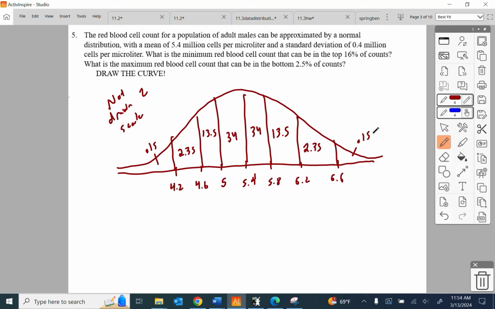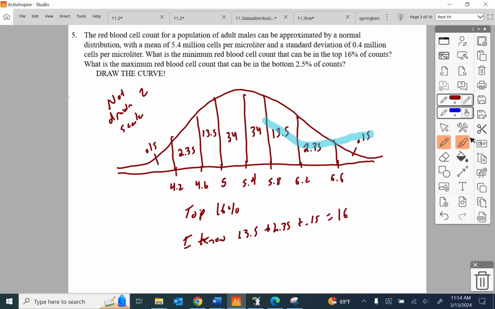Now I want the red blood cell counts that could be in the top 16%. It turns out if you take these 3 numbers and you put them together, you get 16%. So top 16%. And again, I know this is something that gets kids. 13.5 plus 2.35 plus 0.15 is 16.